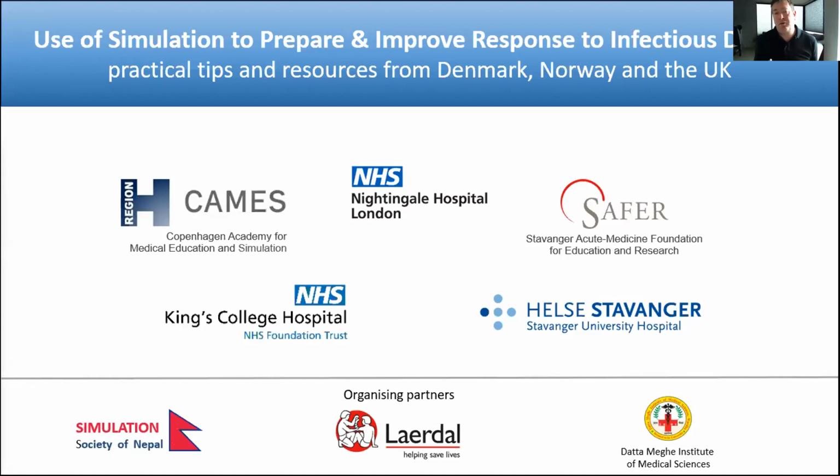Because when they first did the simulations, they did not do these procedures before they arrived at the patient. And you can imagine the reaction from relatives and the public if an ambulance arrives and you use 5 minutes to put on protective gear. That would raise quite some emotions.